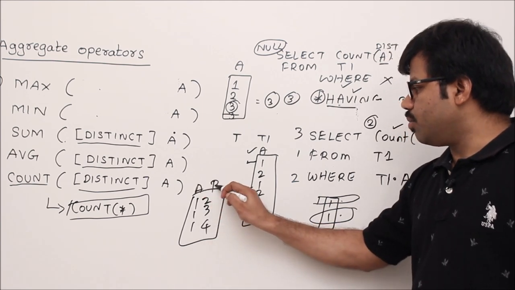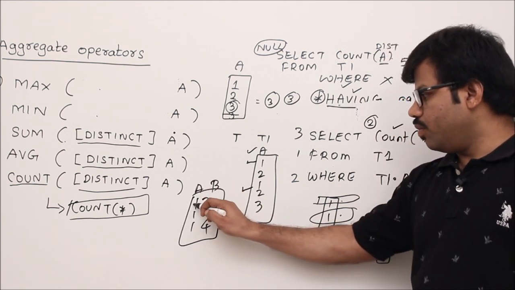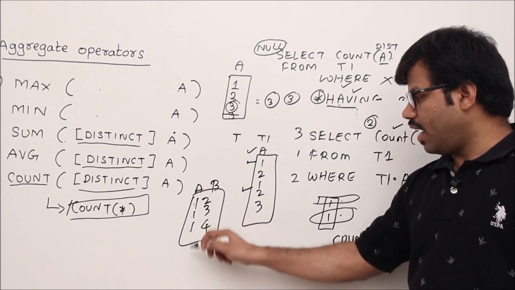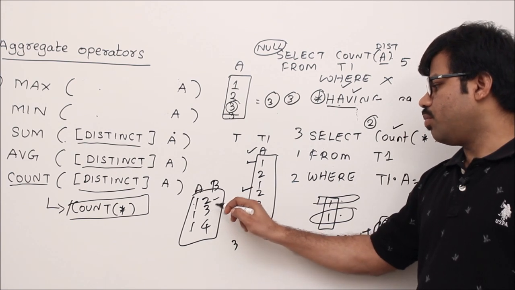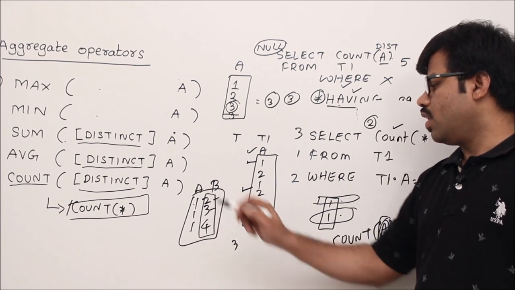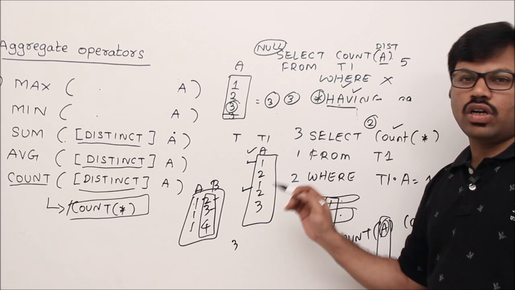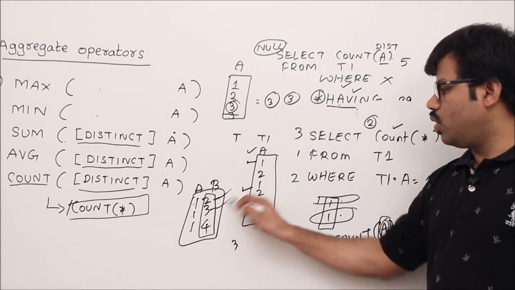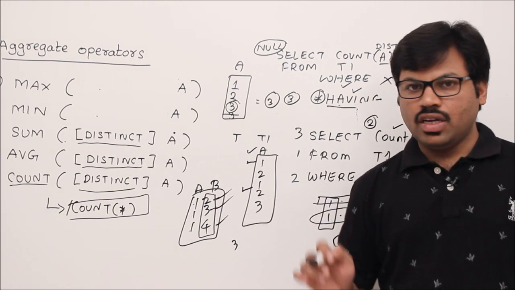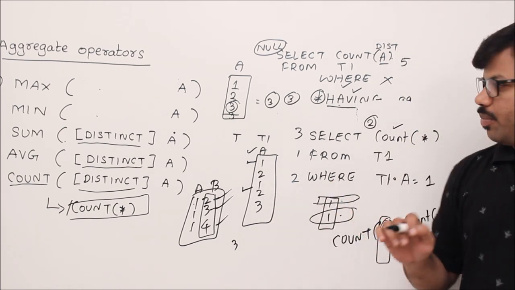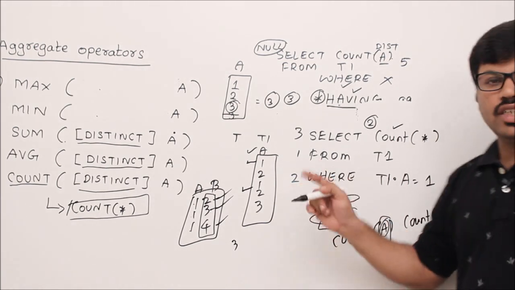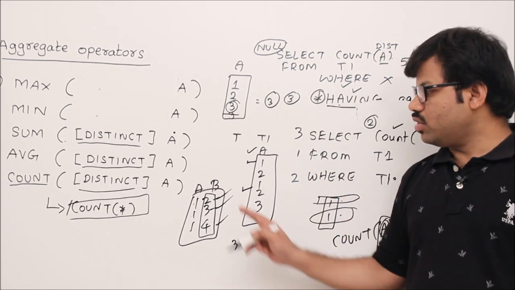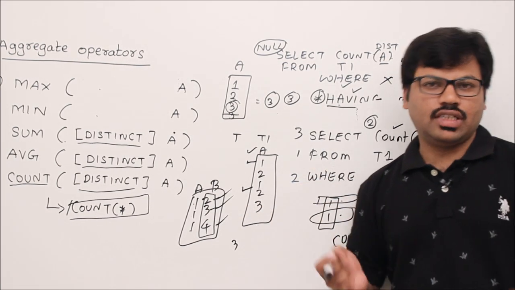This is A, this is B. Count of A gives the number of tuples on column A, 3. Count B also gives the number of tuples on column B. Now count star is the number of total tuples in the table, 1, 2, 3. All are the same. In the presence of null values, they give different answers. We will see that later.